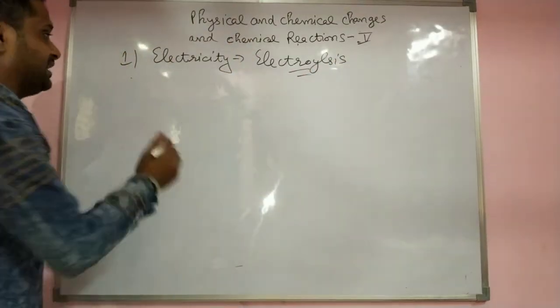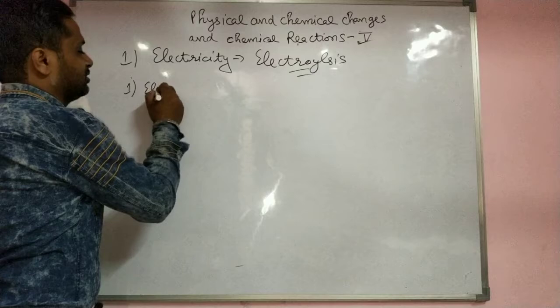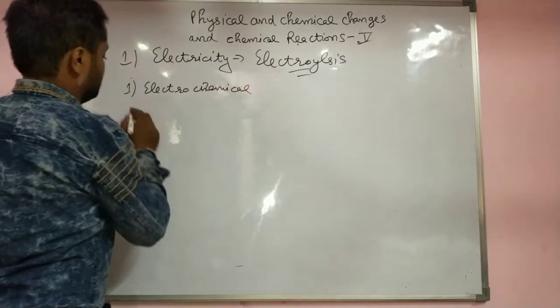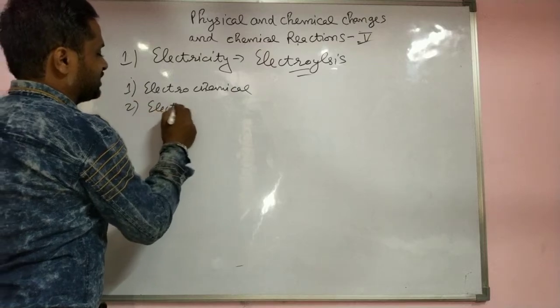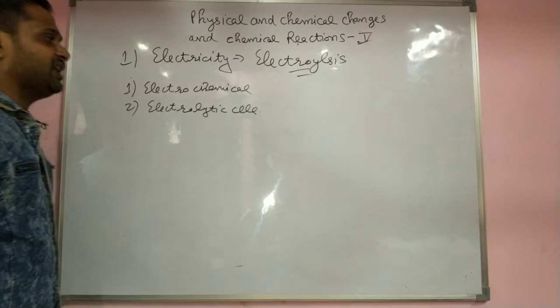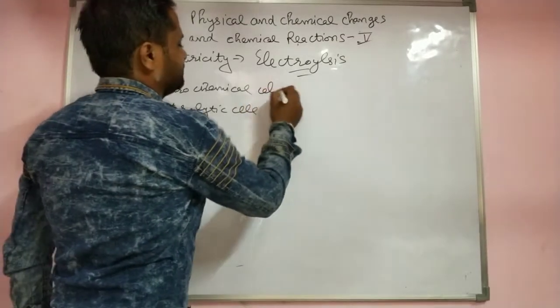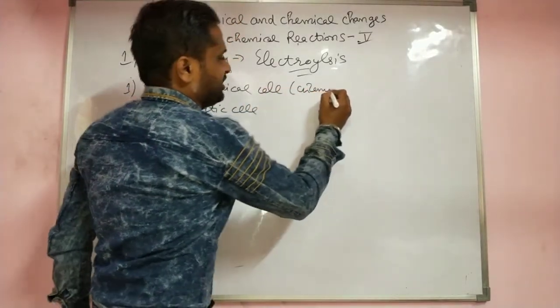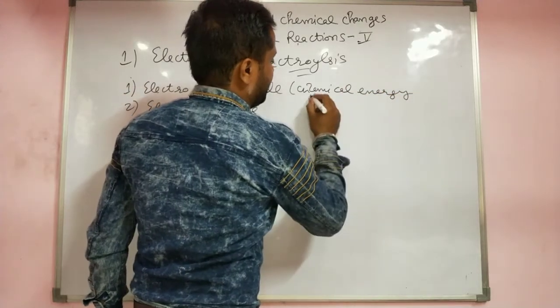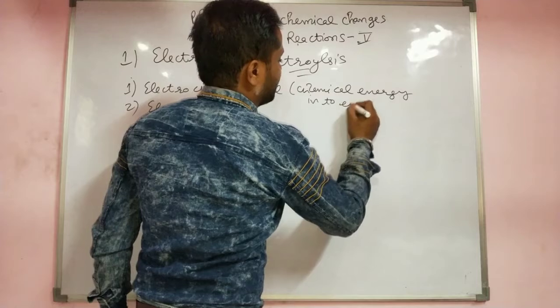Actually, two types of cells are there, as I already told: the electrochemical cell and second, the electrolytic cell. In an electrochemical cell, chemical energy is converted into electrical energy.